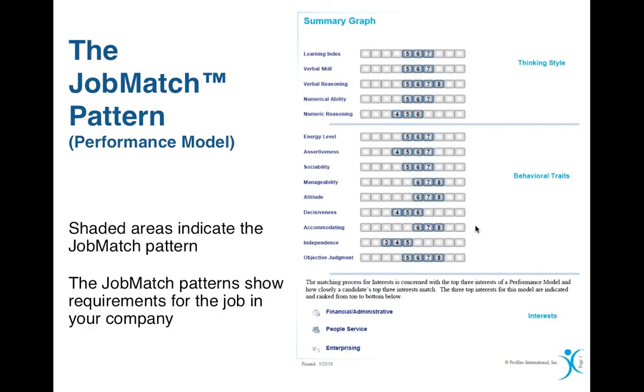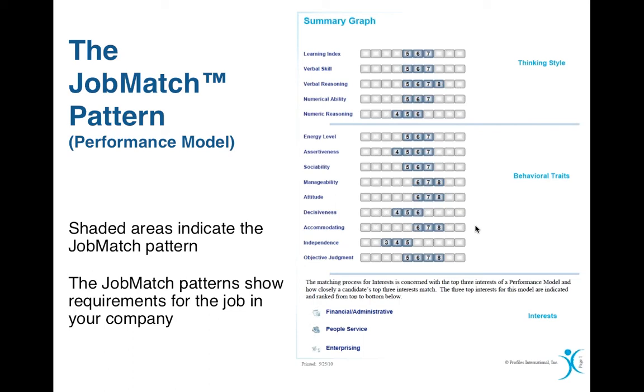Now, this is an example, which you can see on the right, of the job match pattern. Shaded areas indicate the job match pattern according to the thinking style, behavioral traits, and interests of your top performers. Okay, and these are the job match patterns that show requirements for the job that we have assessed.